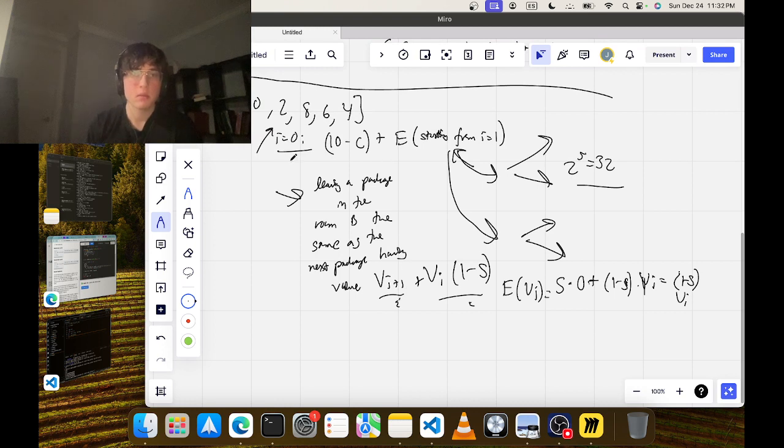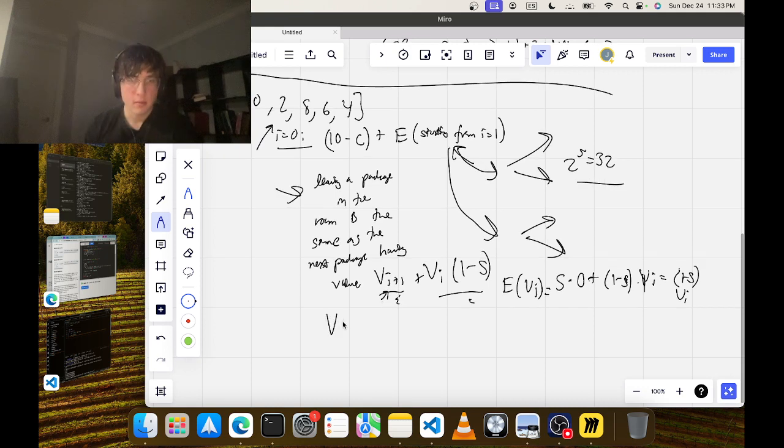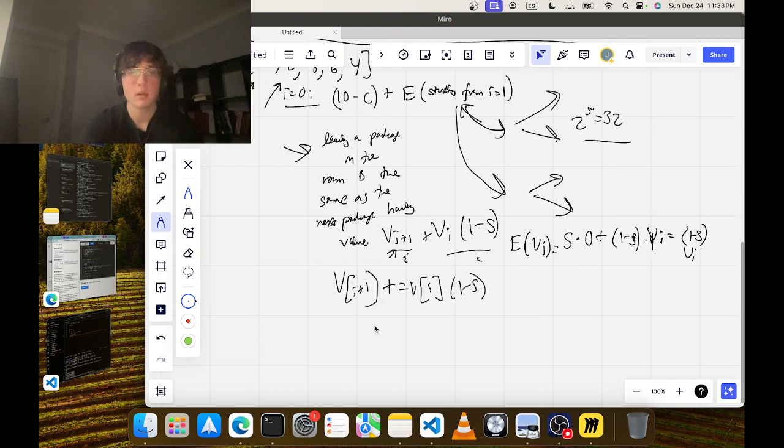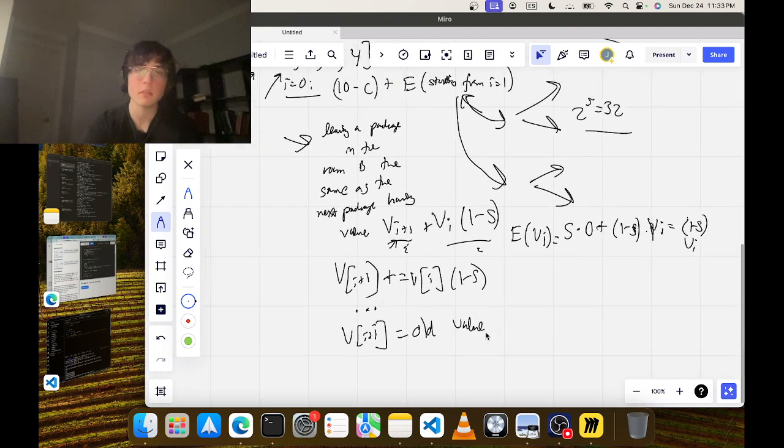So when we do this search, when we go down a path where we just left a package in the room, we can set the array element v_{i+1} temporarily to plus equal v_i times 1 minus s, and then when we're done with the calculation here, we can unset it, so v_{i+1} is equal to the old value of v_{i+1}.